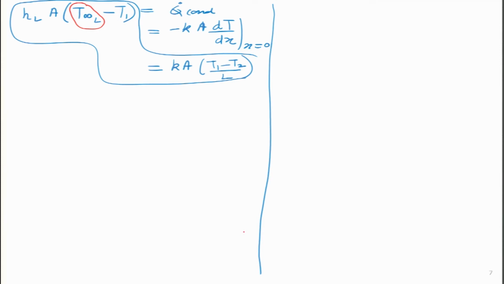So, if I am solving for T infinity L, I can go ahead and do some substitutions. Because this is a very simple equation, A will get cancelled out on both sides, and HL will go in the denominator. So, what we end up getting is HL multiplied by capital L in the denominator, and T1 will go on the right hand side.